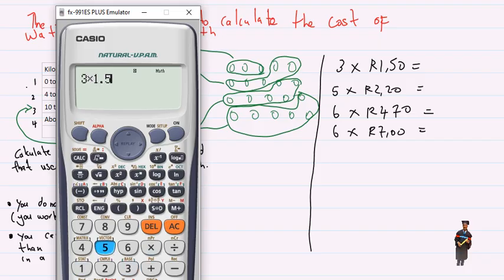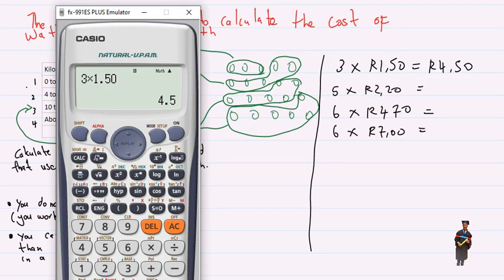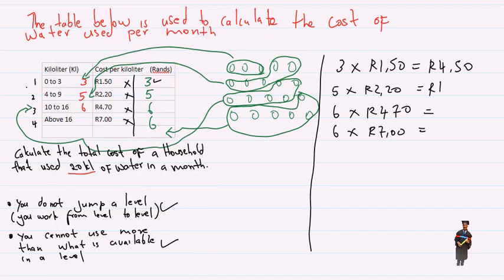3 multiplied by 1.50 is actually 4 rand 50. Then 5 multiplied by 2 rand 20 is 11 rand. It's 11 rand, we do not write it like time.